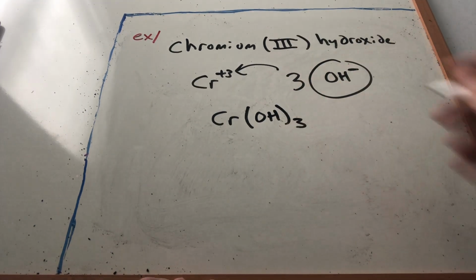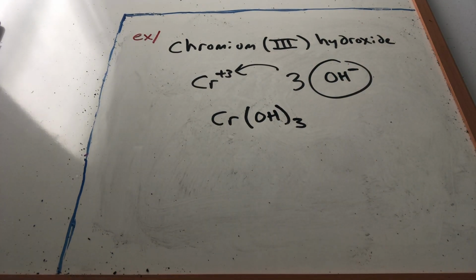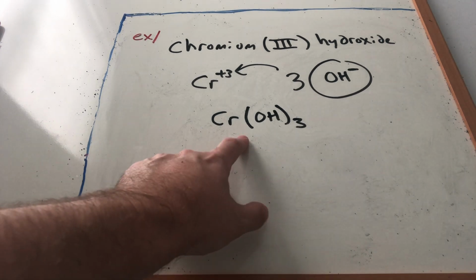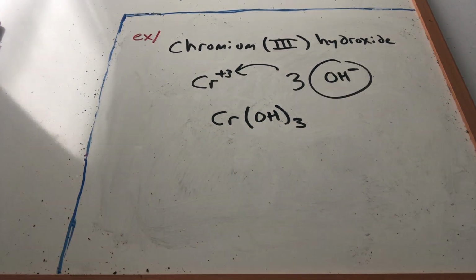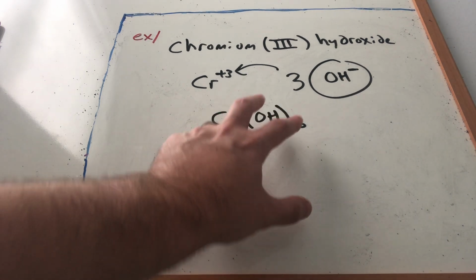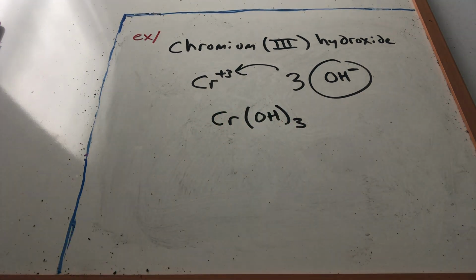Cr is going to be attached to 3 OHs. Now, to make that abundantly clear, I encapsulate the polyatomic ion with parentheses in my formula, Cr parentheses OH3, and now there's no ambiguity about what that 3 indicates, okay? It indicates that for sure what we have are 3 different polyatomic ions, all right, stuck to this Cr, okay?